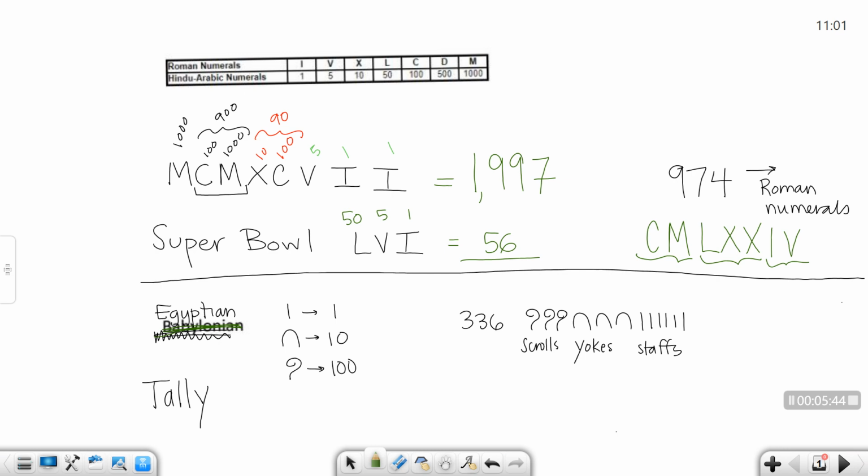More than likely, you already used the tally system. Let's think of the tally system like this. Okay, you are counting the number of students who had their paper signed this week. And so as they, maybe for a permission slip or something like that, come in the door and show you their slip, you go like this.